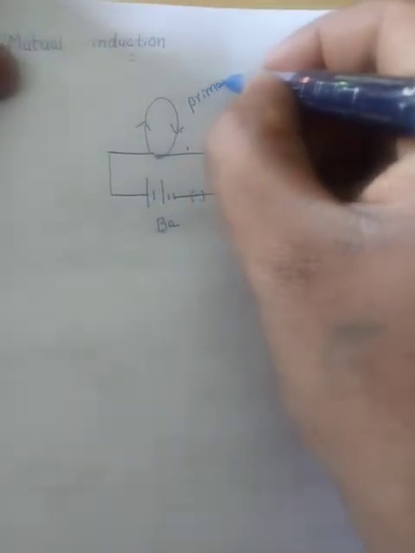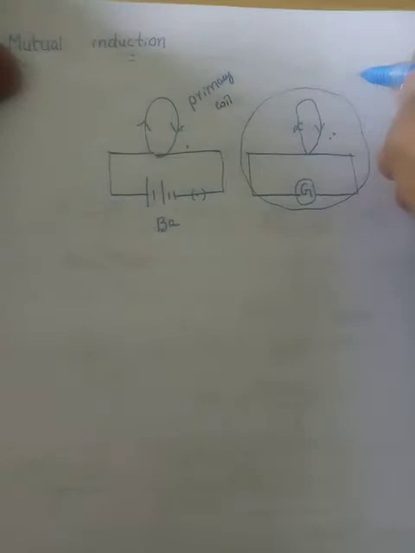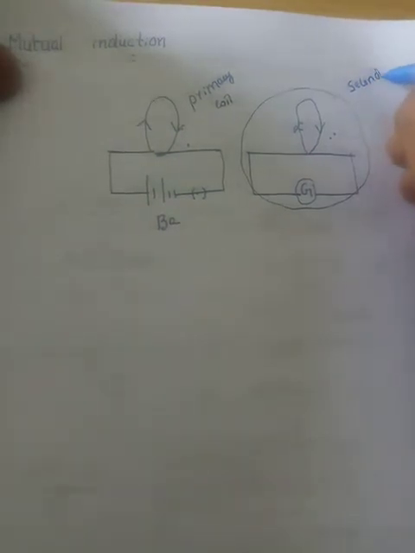So assume that this is called the primary coil, and this is the secondary coil.